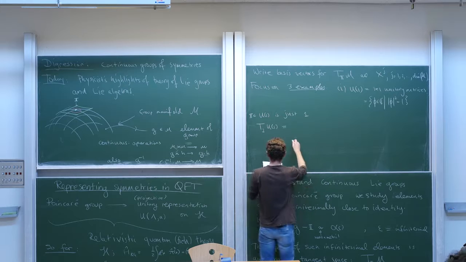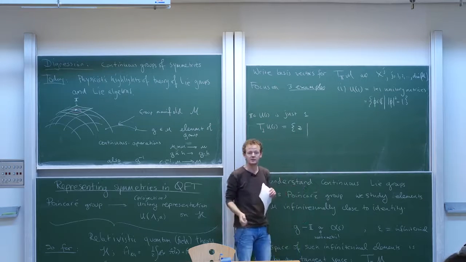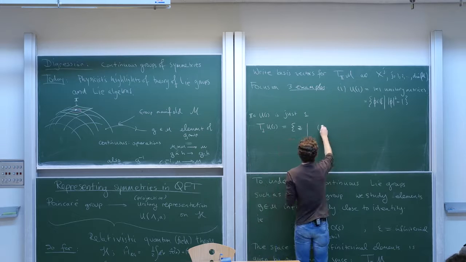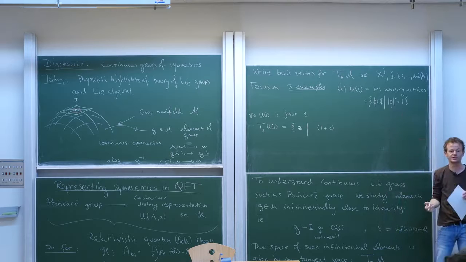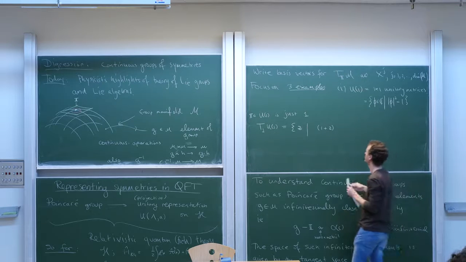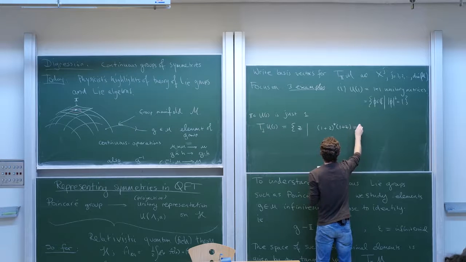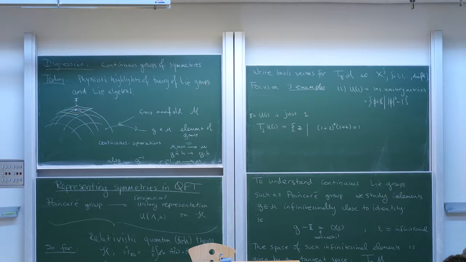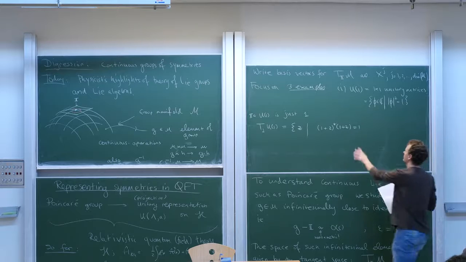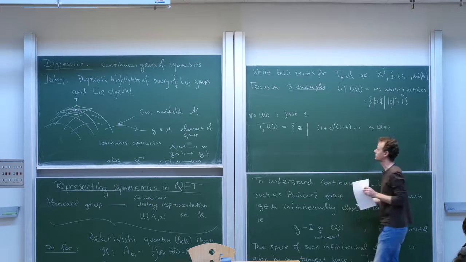So it's the set of all numbers z such that 1 plus z, we've got to take this condition and enforce it locally near the identity. So we get that (1 plus z) times its complex conjugate has got to equal 1. So the tangent space is the space of all numbers z such that this equals 1 to order z.